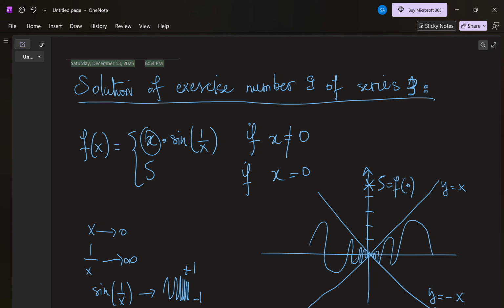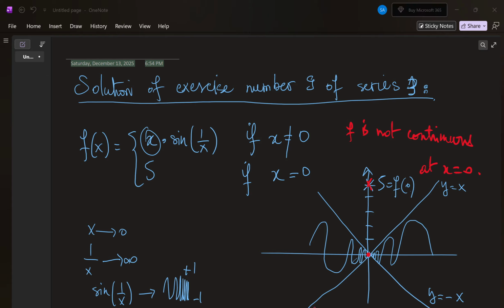Now, is this function continuous at the point when x is equal to 0? Here the function jumps from 0 to 5. From the graph we see that this function f is not continuous at x equals 0.